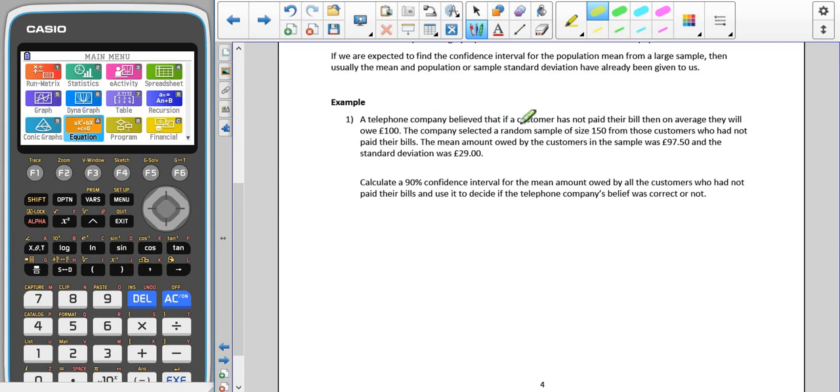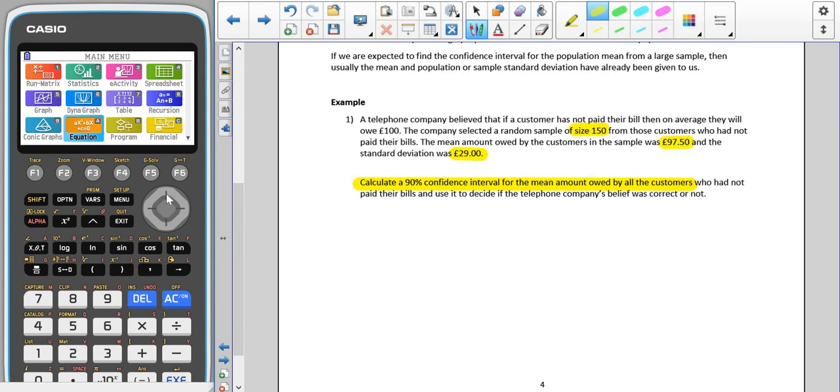The company selects at random a sample of size 150, so that means that we've got our large sample there, from those customers who had not paid their bills. The mean amount owed by the customers in this sample was £97.50, and it had a standard deviation of £29. And then we're trying to calculate a 90% confidence interval for the mean amount owed by the customers.